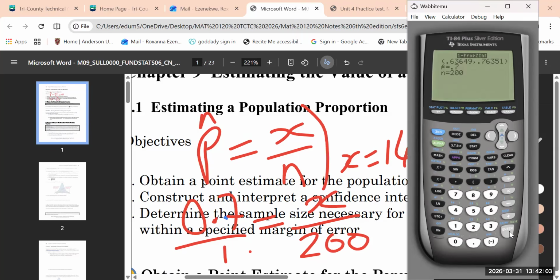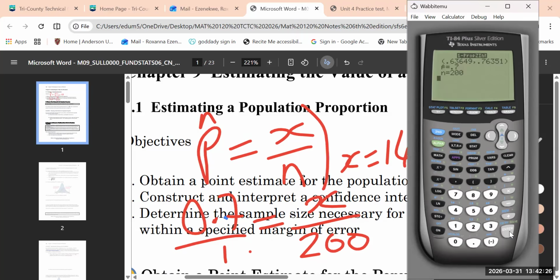And the confidence interval, I'm going to write it down, if I write it in percent, is from 64.65 to 75.35%.